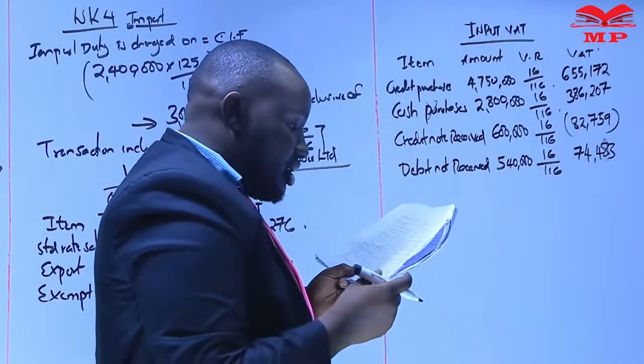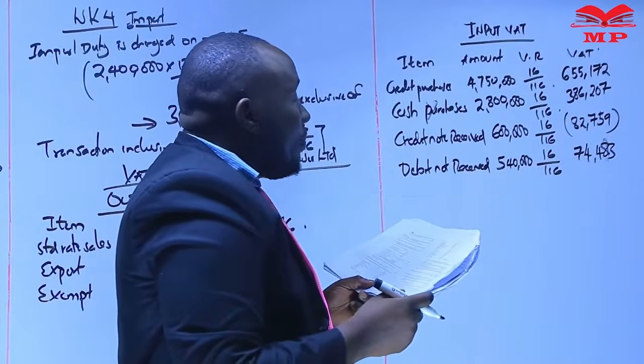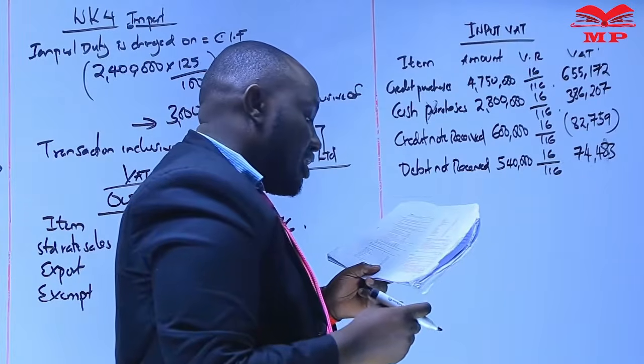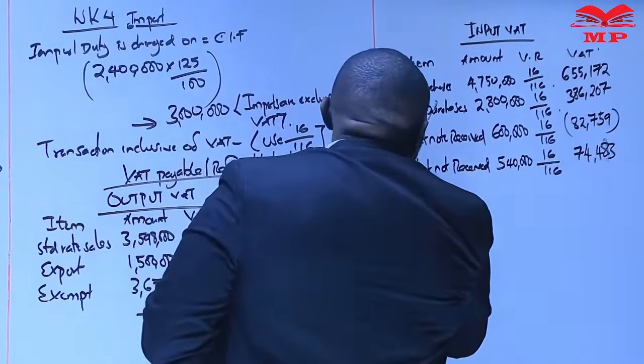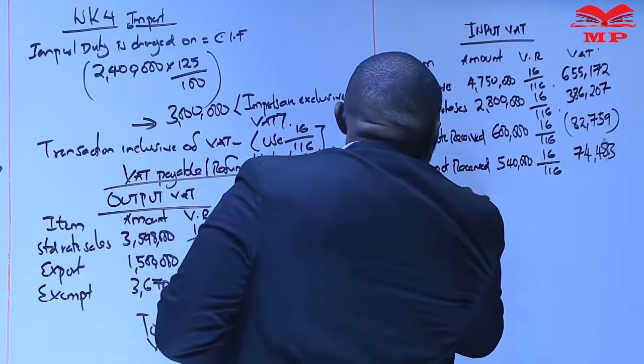Then there was an entry that was not added, opening inventory. On the first month, you can claim that opening inventory.